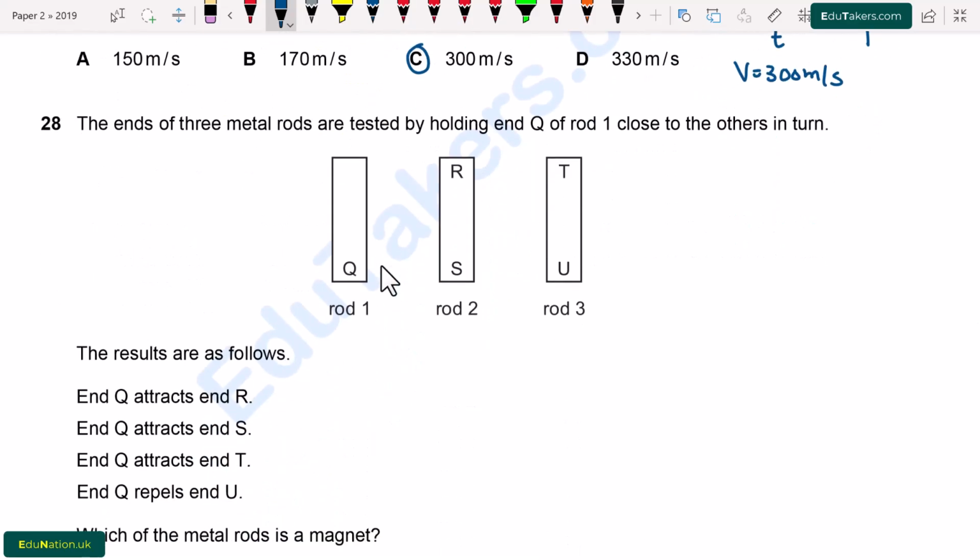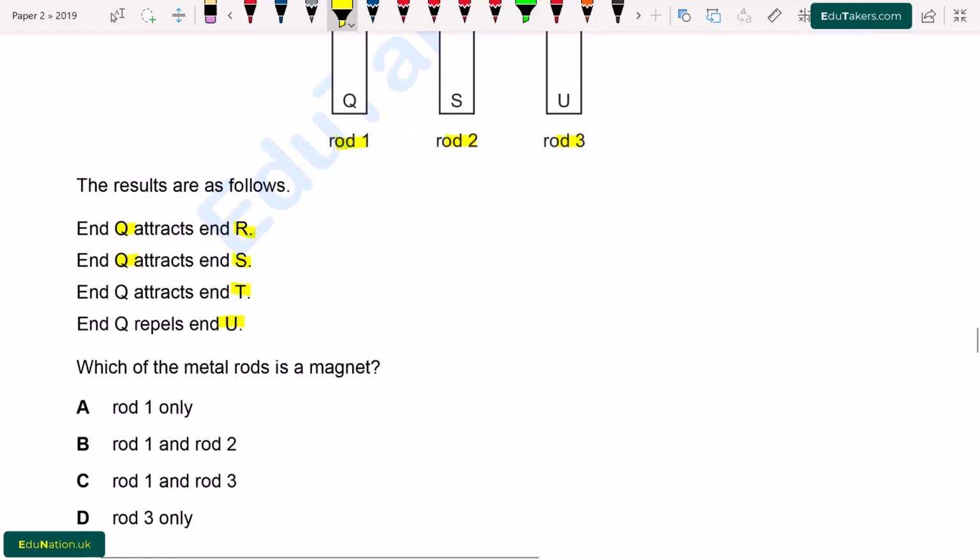Question number 28. The ends of 3 metal rods are tested by holding end Q of one rod close to the other in turn. So there are 3 rods, rod 1, 2 and 3. The results are as follows: end Q attracts R, end Q attracts S, end Q attracts T, end Q repels U. Which of the metal rods is a magnet?